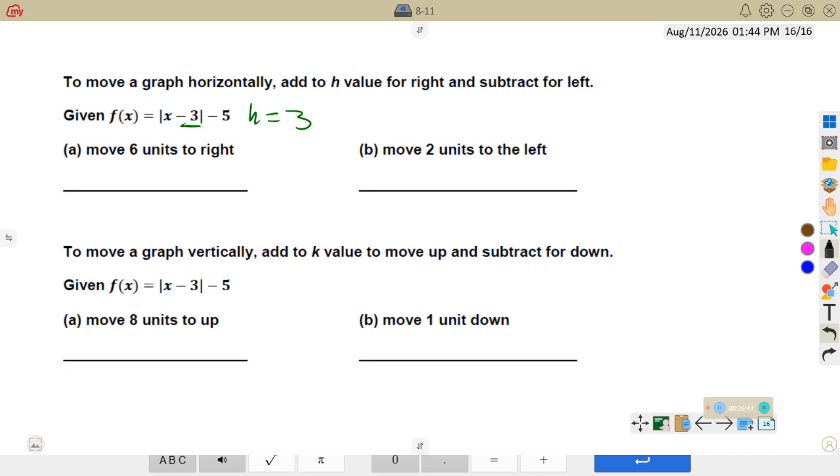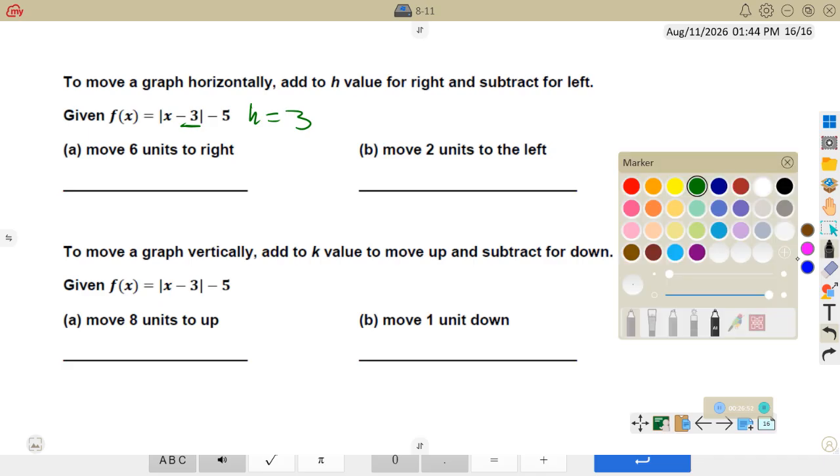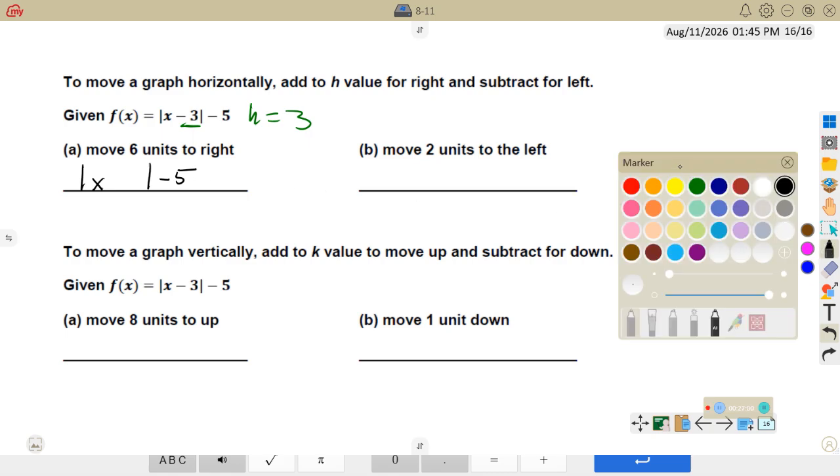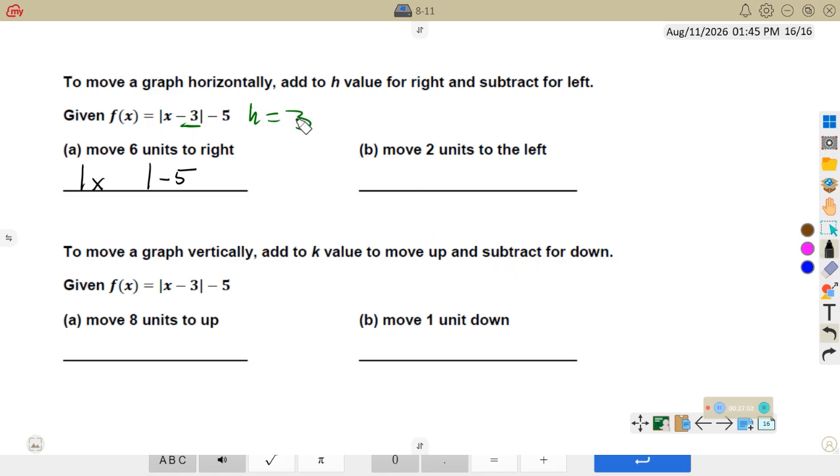So if we're moving 6 to the right, again, please do not take off your shoes. There are calculators if needed, but what is 3 plus 6? 9.